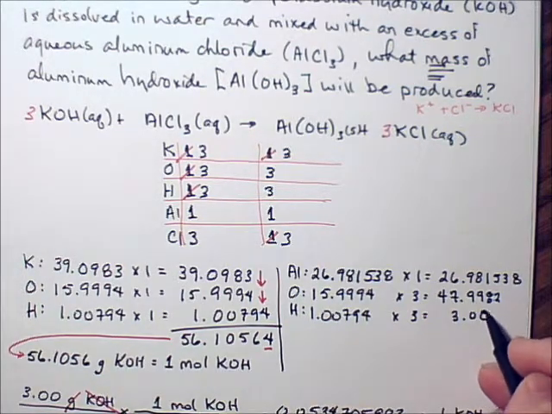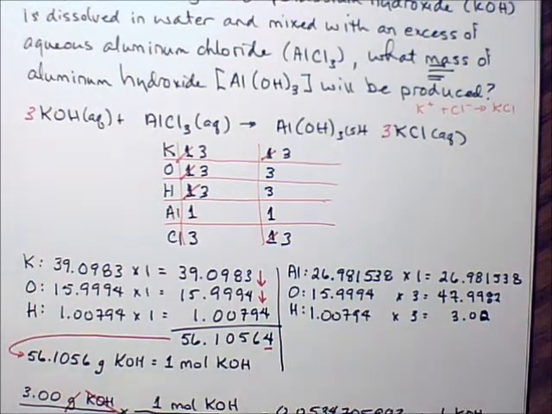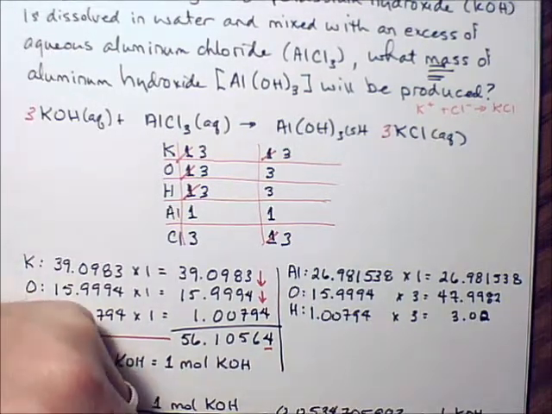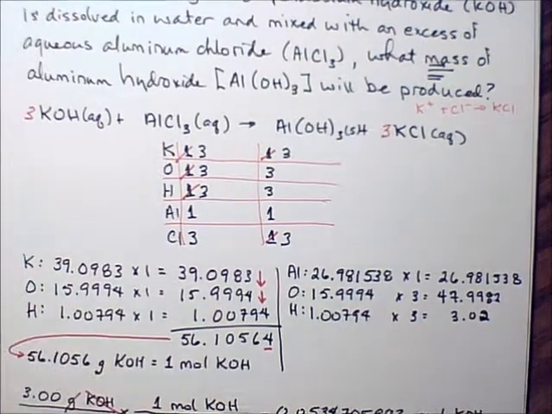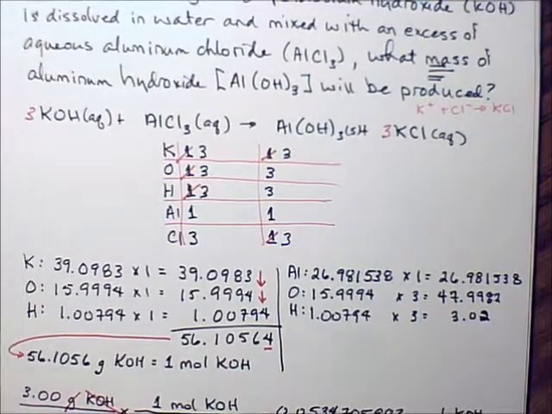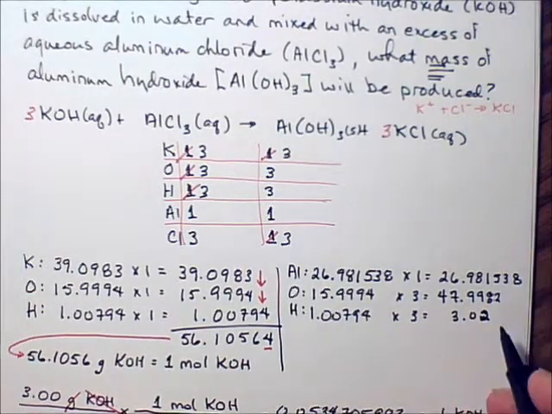No, 0.2. I wrote the wrong thing. It's 0.2. Yeah, I wrote down 2 zeros when I only need 1 zero here. Zero 2, 382.